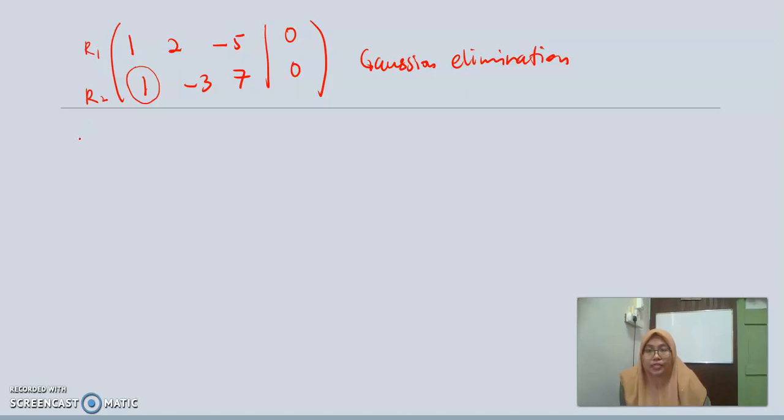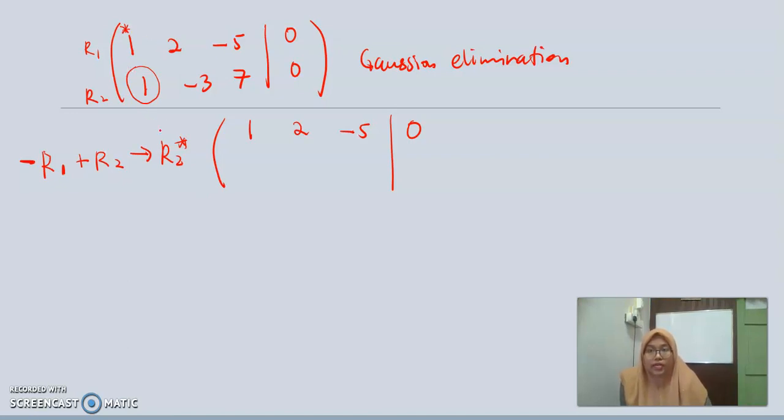The row operation is negative row 1 plus row 2, which gives the new row 2. We only change row number 2. By the way, this is the pivot element, the leading one.